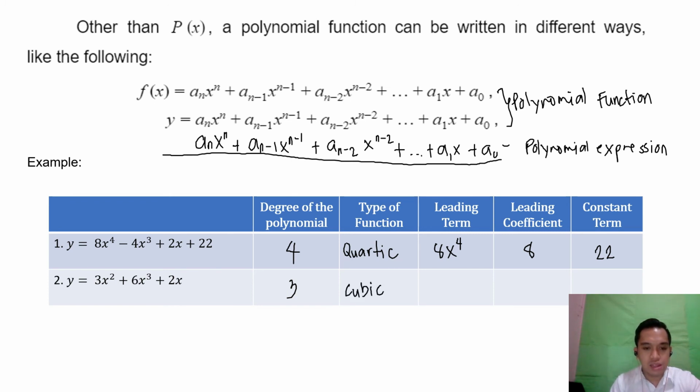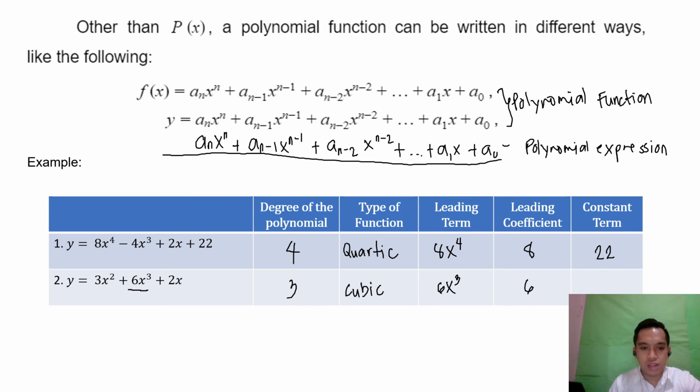Then, ano yung kanyang leading term? So, kung ano yung term na may pinakamalaki ang exponent, yun yung ating leading term. So, yan yung ating leading term, 6x cubed. Then, yung kanyang leading coefficient ay 6.